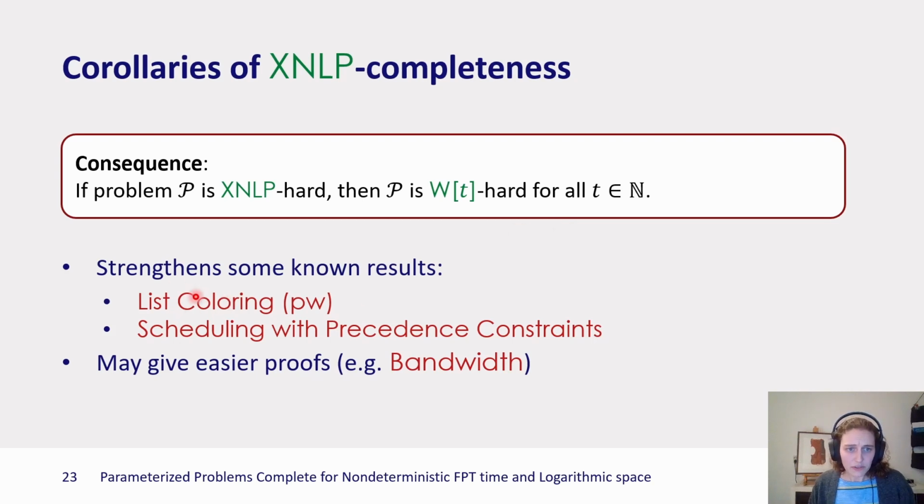For both these two results, they lie in some W[t] class, but now we actually lift it up to being W[t]-hard for all t at once. It might be easier to prove that something is XNLP-hard than to prove something is W[t]-hard for all t. That's especially the case with bandwidth. So that's one of the corollaries of being XNLP-hard.